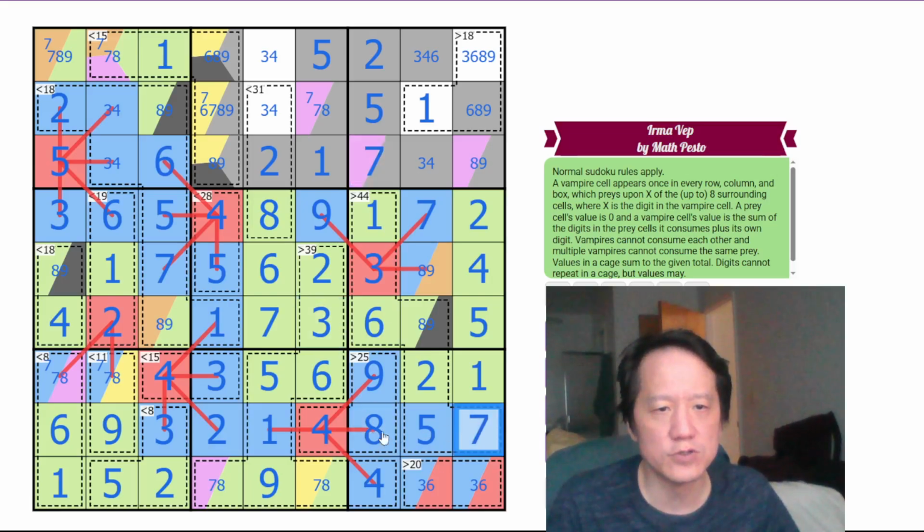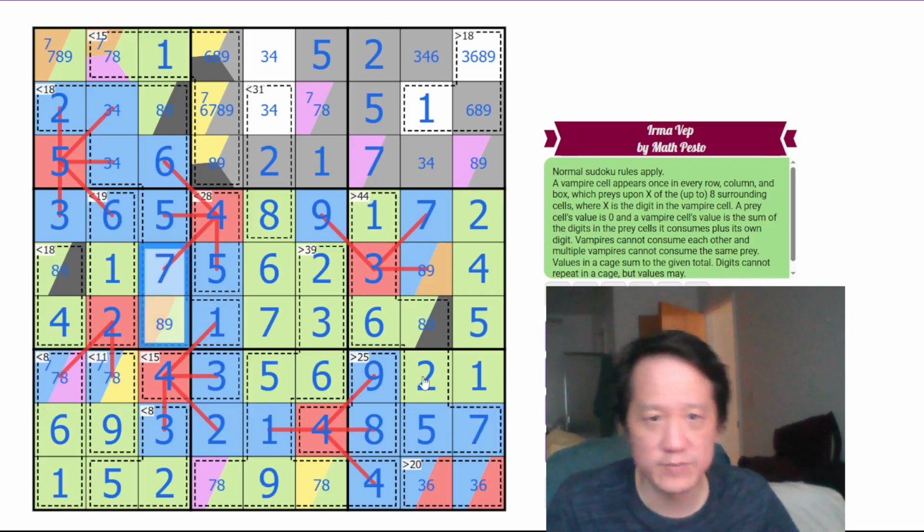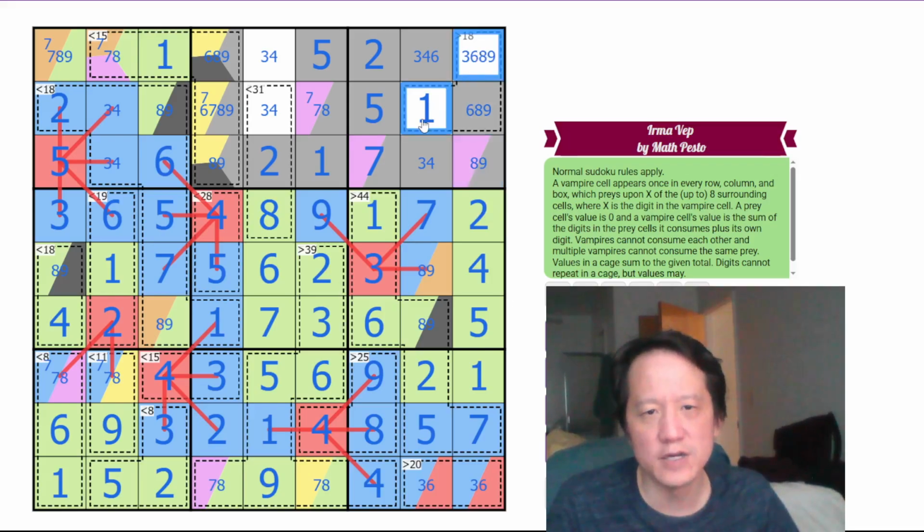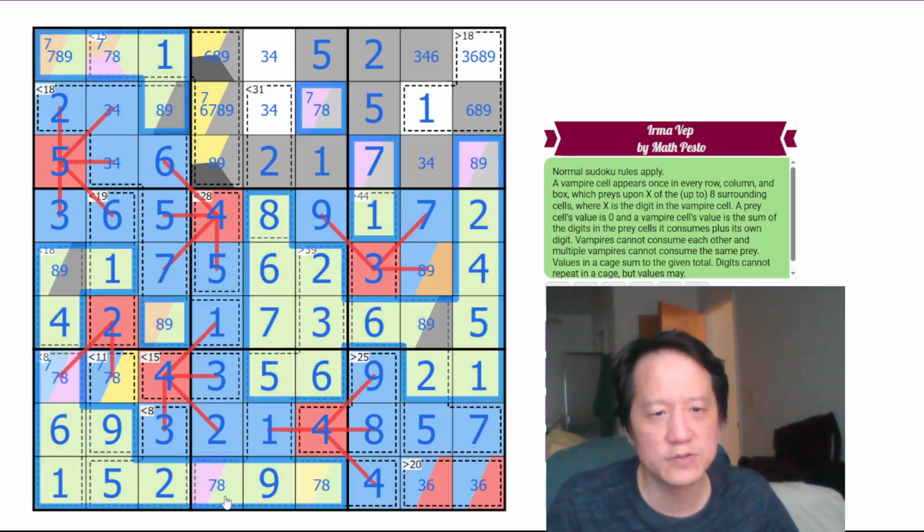Pink is one of those two, which also doesn't tell us much. Pink is one of these two, which doesn't tell us much. Yeah, it's not helpful. I guess we're just gonna have to check both of these out, right? If we have all the vampire cells.